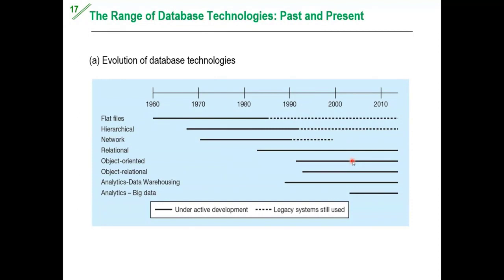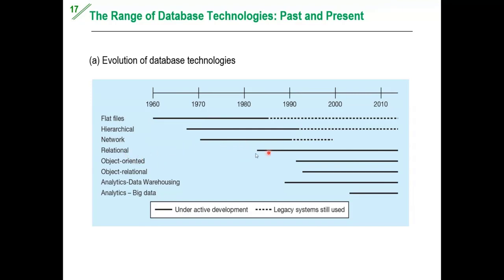Here I have given the evolution of how databases evolved. In the 1960s, it was file-type data, and then hierarchical, which died around the 1990s, where data is kept in a hierarchy pattern. Then the network type of databases developed, and it also died.